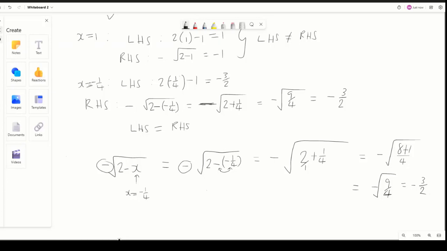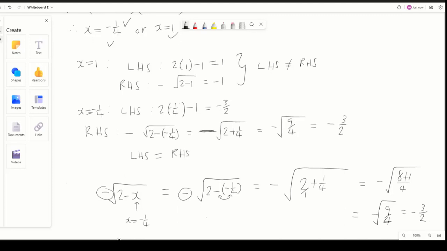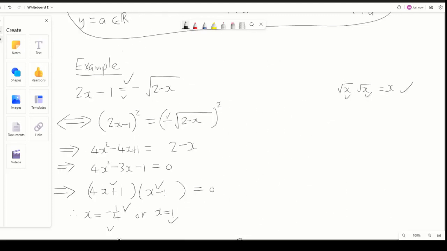Yes, sir, when you start at the top there. Oh, when I squared things, you're talking about that? Yes, sir, please, how did you remove that negative? Okay, how did I get rid of the negative?